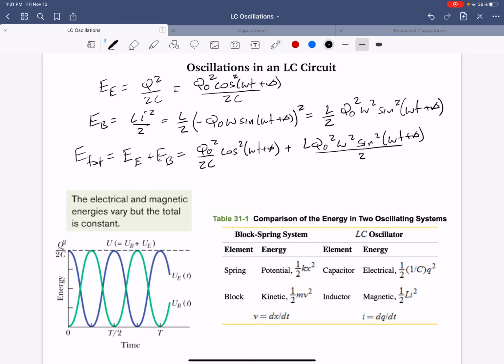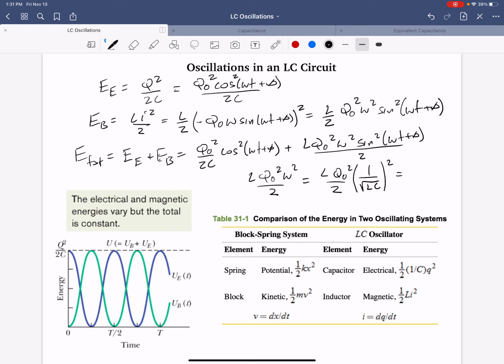So let's see if that's the case. Let's see if this L Q naught squared omega squared over 2 is actually Q naught squared over 2C. Well, we know what omega is. Omega is 1 over root LC, so that's squared.